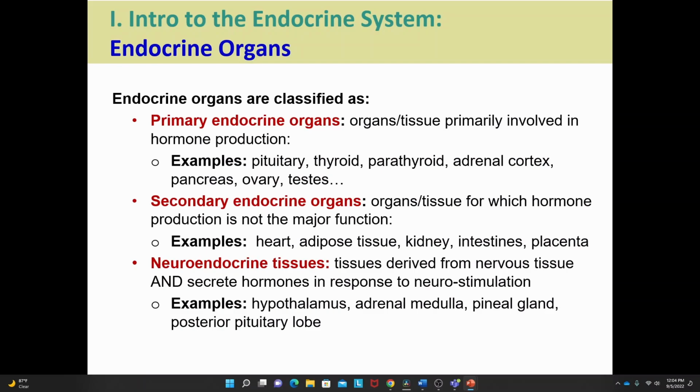The adrenal medulla has a direct connection to the nervous system when it comes to the production of things like adrenaline, epinephrine, and norepinephrine. The pineal gland and the posterior pituitary lobe have an intertwining, or interweaving, between the nervous system and the endocrine system.